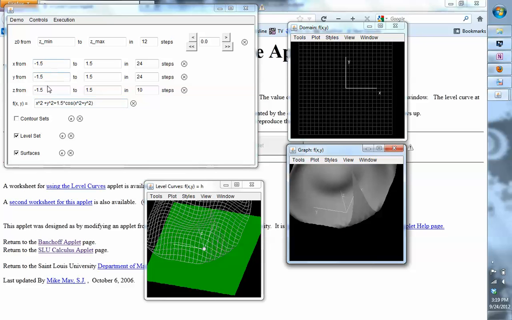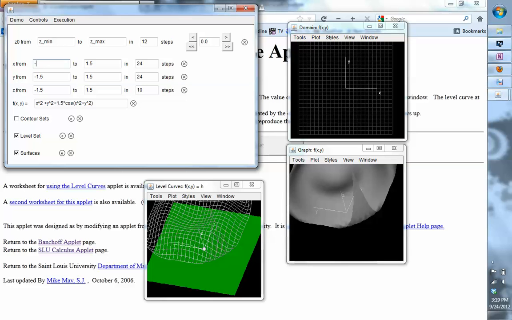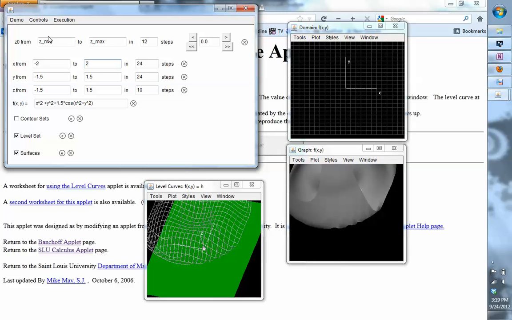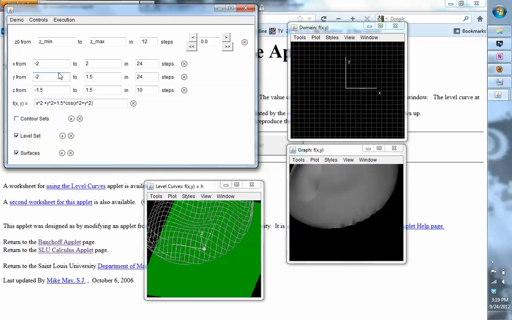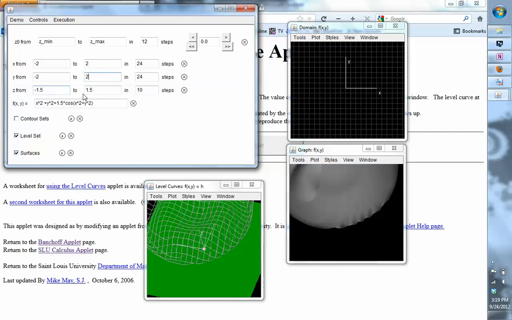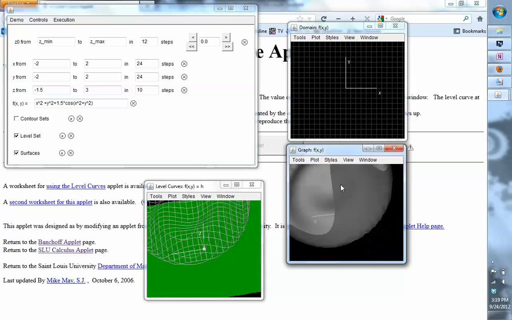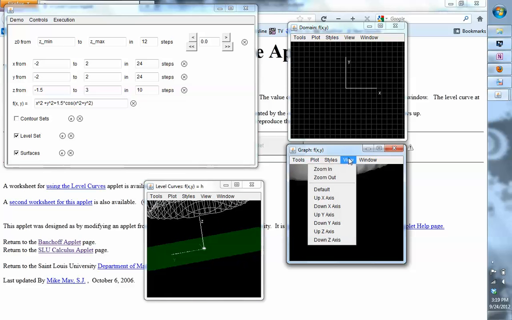Let me tweak them a little bit. Probably have to zoom out a little bit.